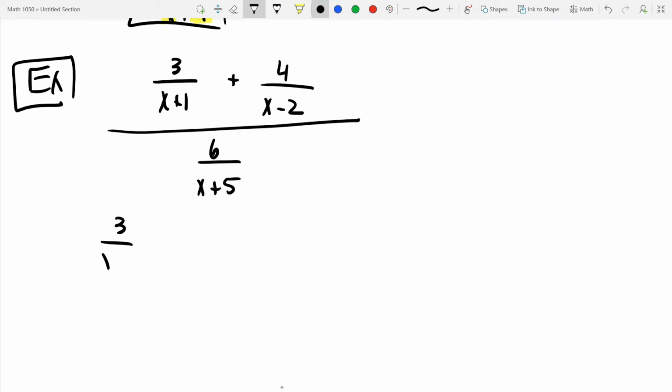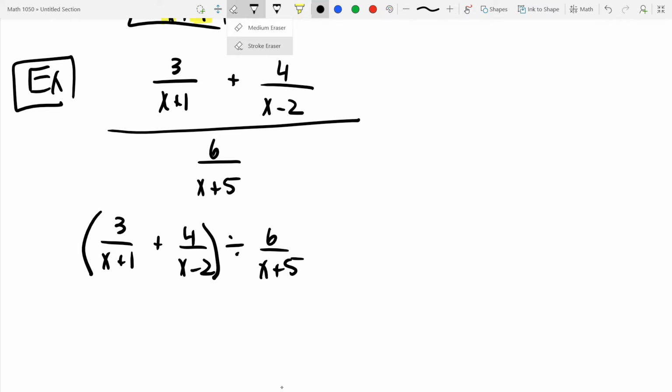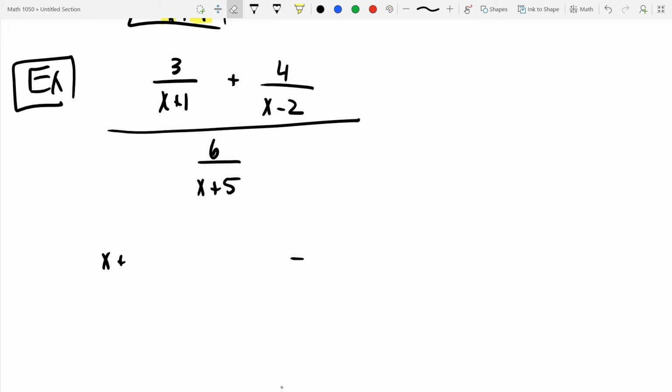Look, 3 over x plus 1 plus 4 over x minus 2 divided by 6 over x plus 5. Don't love it, and it's wrong the way it's written, because order of operations tells you the first thing you have to do is add those together. Okay, if you did that as your first step, that's fine. I don't love it. I think it's confusing, so I would not recommend that you do that.